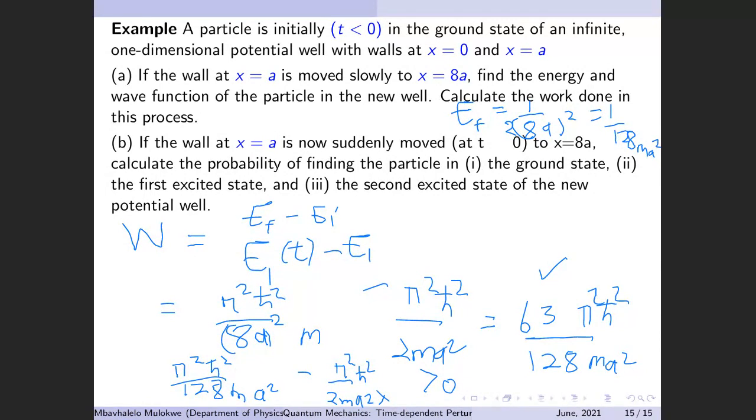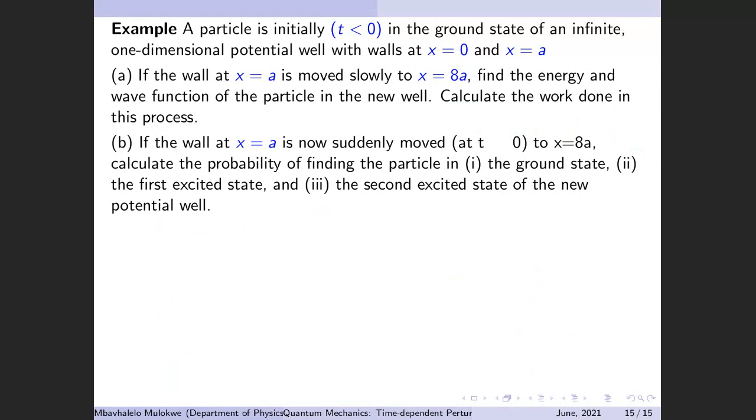I don't see negative. And then if it was done suddenly, you just use the standard versions that we have from chapter 2 and chapter 3.